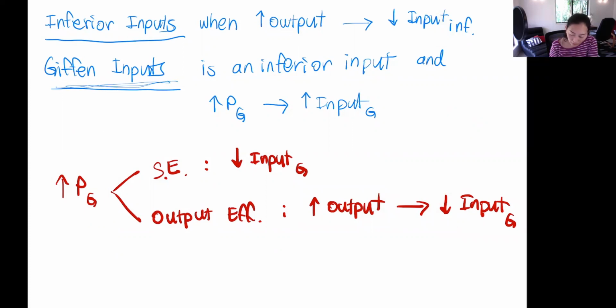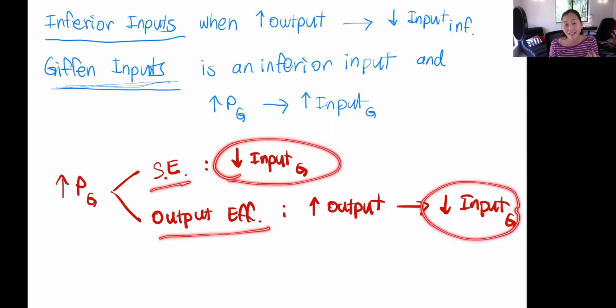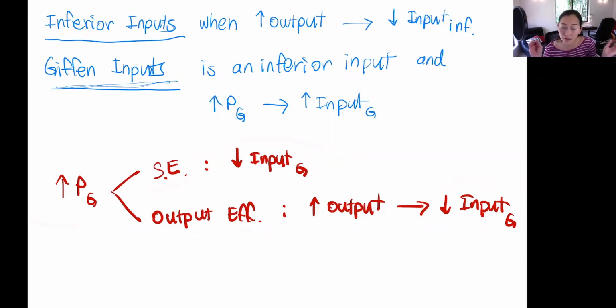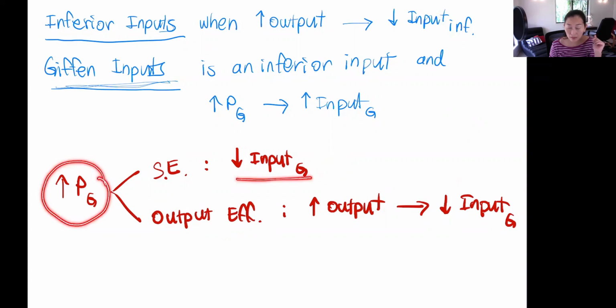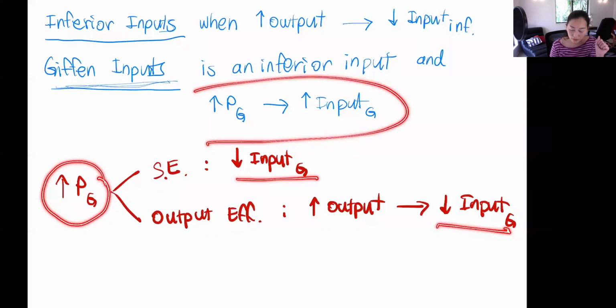So now, when you combine both substitution and output effect together, you can see that these effects reinforce one another, right? So when the price of a Giffen input increases, we actually observe a reduction in the inputs, which contradicts the definition of a Giffen input.